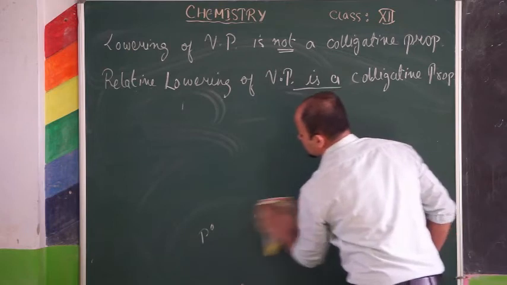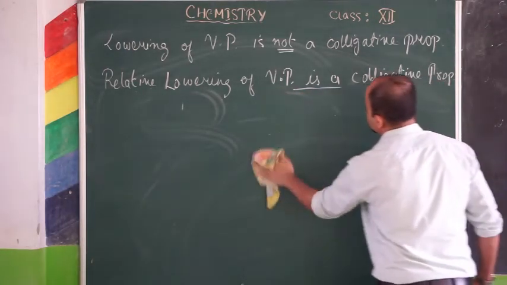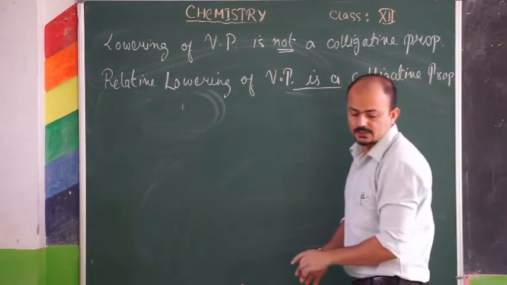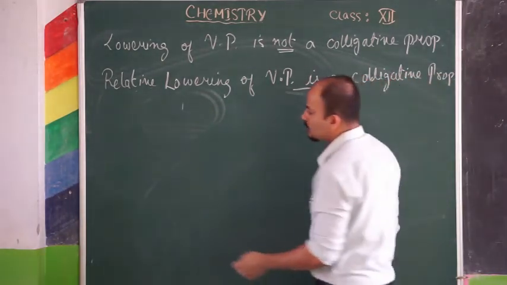Okay, you have to remember this. Now, from this particular expression, we can determine the molecular mass of the solid particle. So, we have determination of molecular mass of the solid.